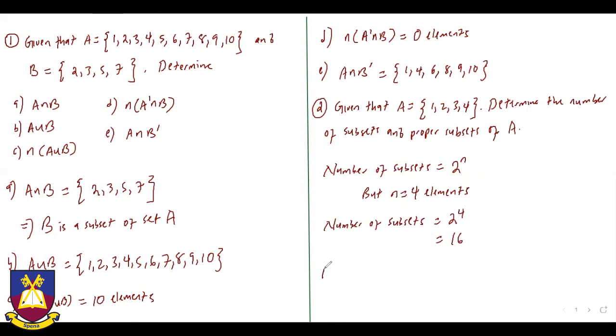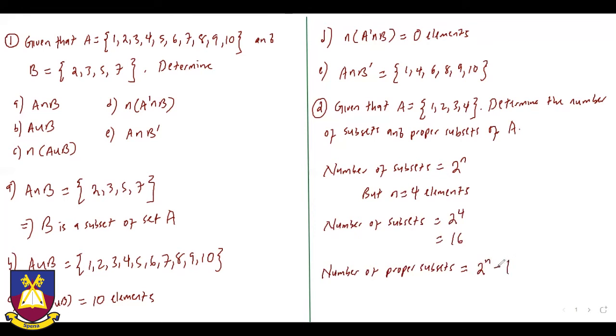Then the number of proper subsets: you subtract 1 from the number of subsets. You subtract the set itself, because we know every set is a subset of itself. So we shall have 2 power n, minus 1.